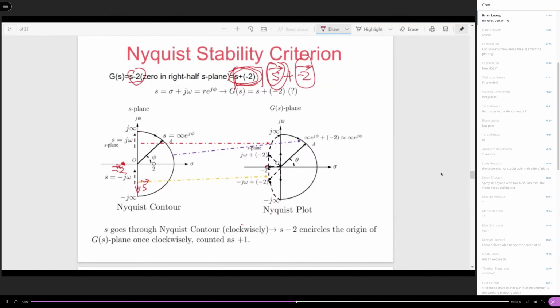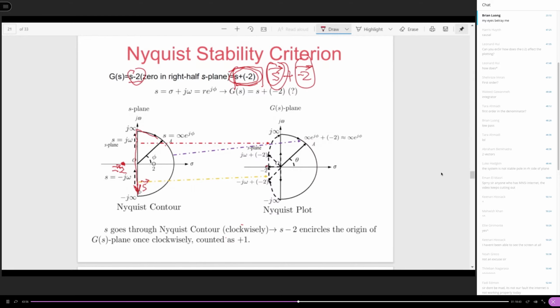Since I have the s vector here, you can imagine, when the point goes along this Nyquist contour clockwise, this vector keeps shrinking, starting from minus j infinity.